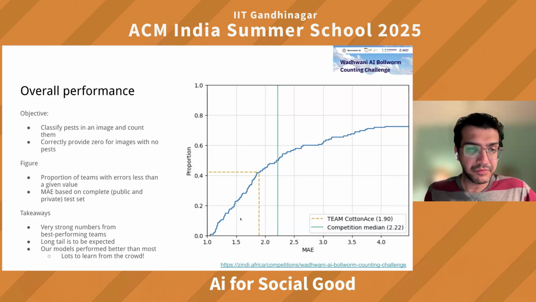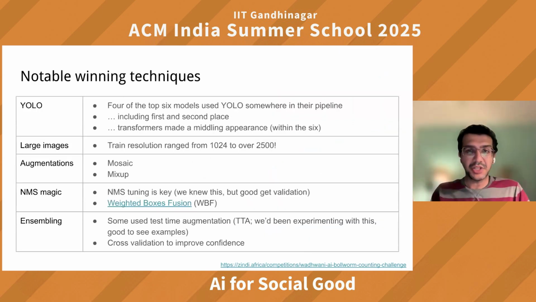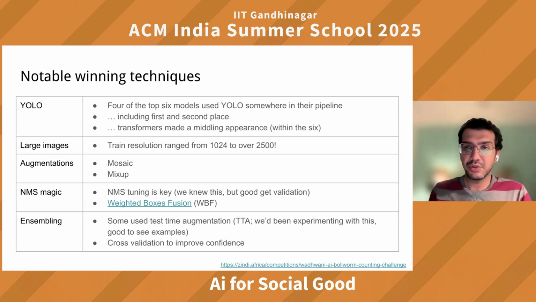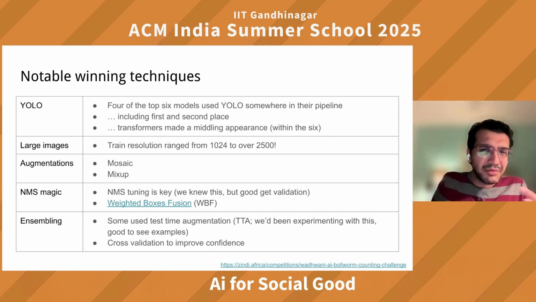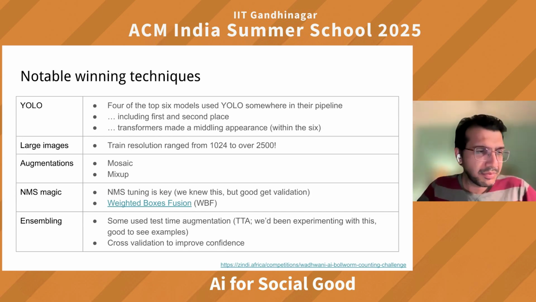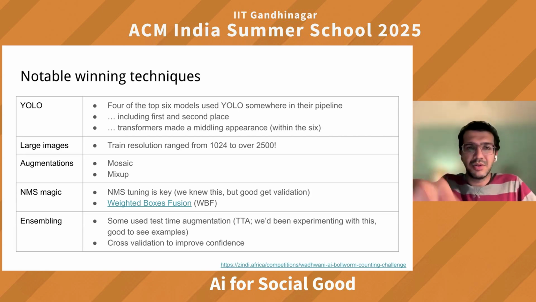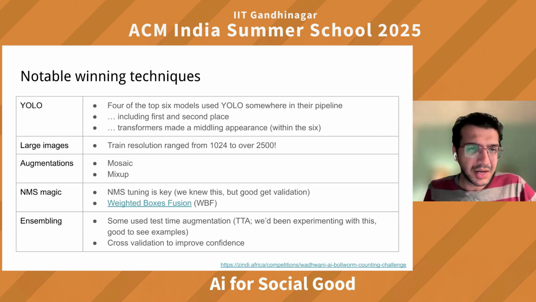Interesting, nice to know: it turns out the top four, most of them used YOLO. They played with the training image resolution, which is something we never tried. We never really tried to blow it up because the actual image resolution wasn't that big. So it was very interesting, some of the things that they tried.